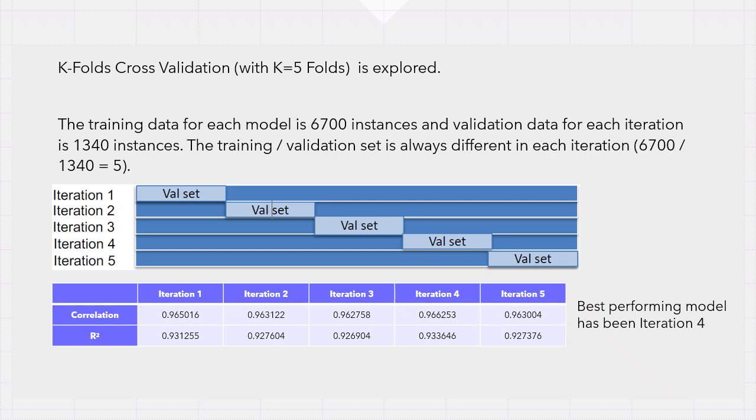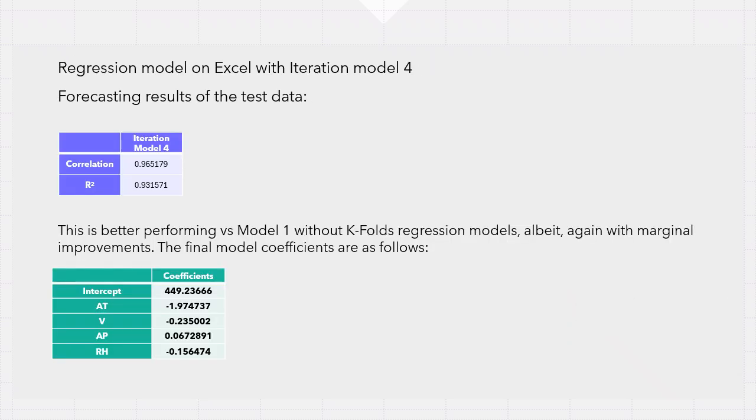Each iteration has then been validated with a validation set, and the best performing model has been on iteration 4. So this is the selected model.